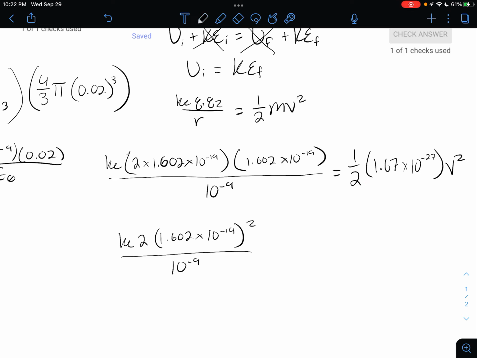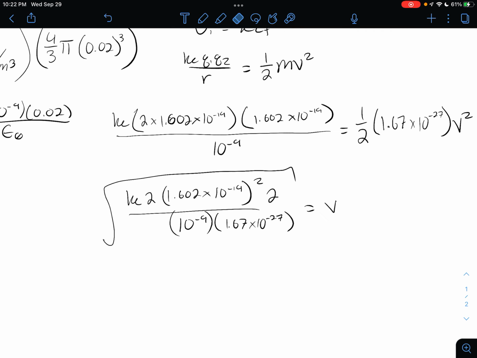Then we're going to have another 2 here, and we're going to be dividing by this to get rid of it. So that's going to be in the denominator with our 10 to the negative 9th. It's going to be 1.67 times 10 to the negative 27. And that's going to equal our v squared. But then we're just going to take the square root, get rid of that.